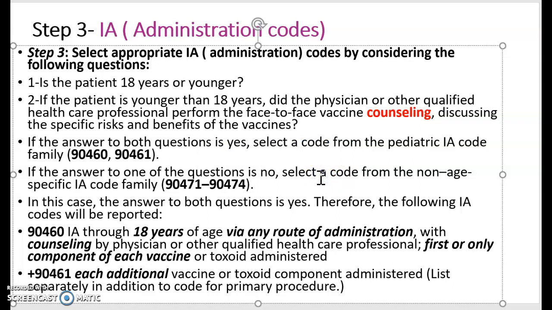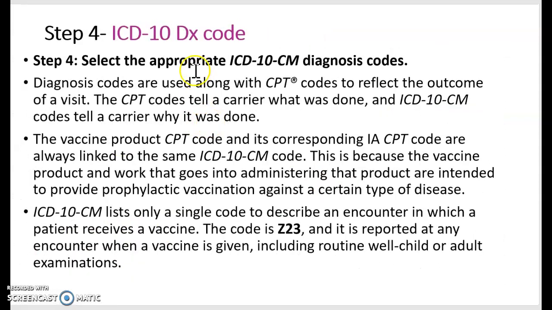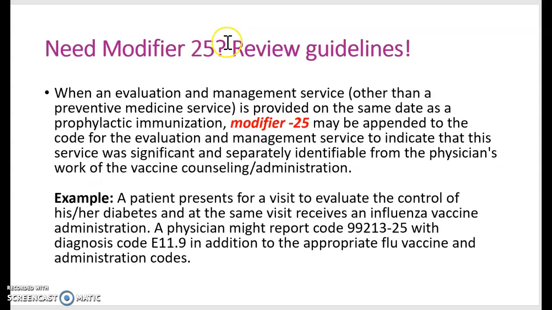Please read the difference between the two in your guidelines section. See what's the difference, how you will use these codes dependent upon the counseling, dependent upon the age, and how you will use the correct code for administration. Okay? Now remember, ICD-10, I told you, it's your choice. You can put the code in there. You don't have to, but if you do, please review these guidelines before you answer all the questions.